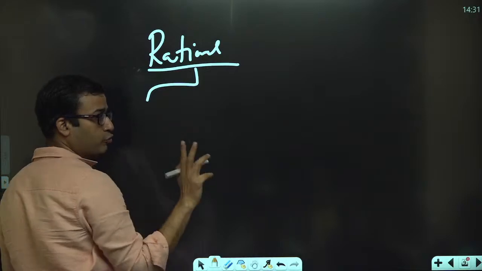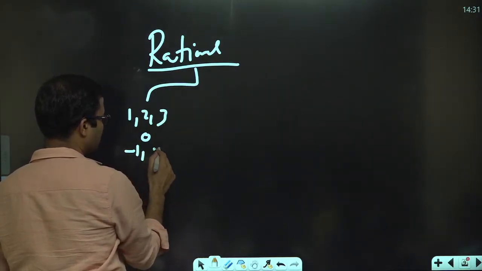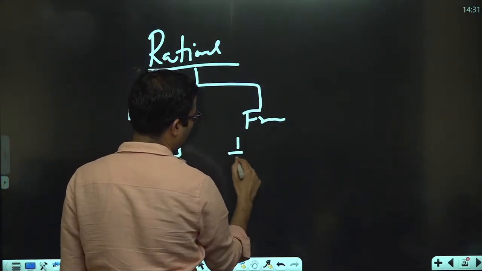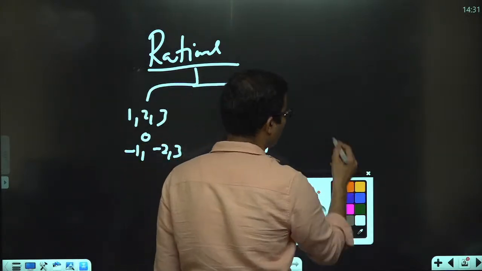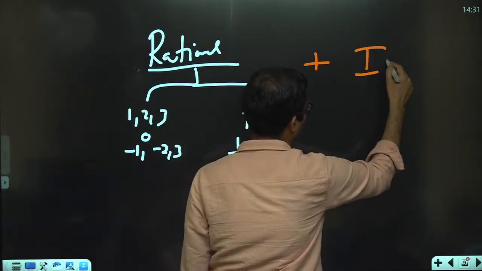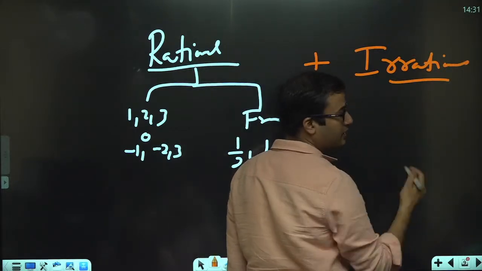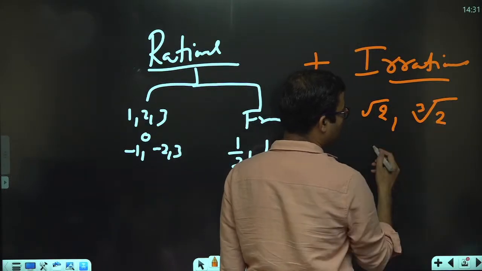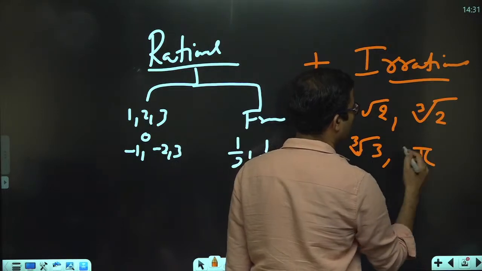Rational numbers have two different types of things, either 1, 2, 3, 0, minus 1, minus 2, minus 3, or you have fractions like 1 by 2, 1 by 3. And other than rational, we have irrational numbers. And in irrational, what type of examples do we have? Under root 2, cube root of 2, cube root of 5, or this type of expression, pi.